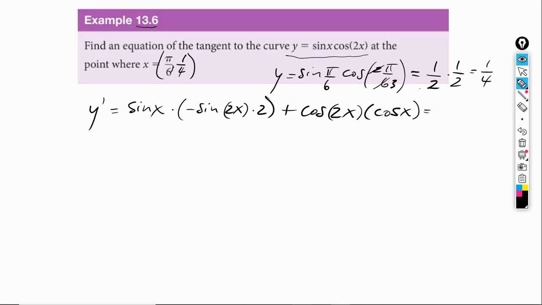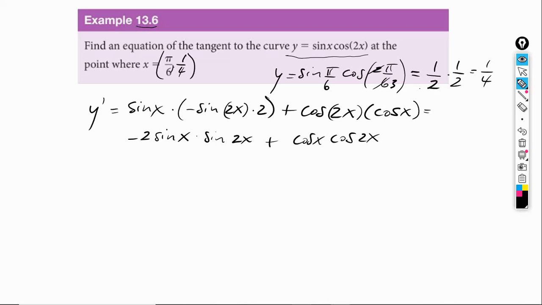Okay, let's simplify this and rewrite it as minus 2 sine of x times sine of 2x plus cosine of x times cosine of 2x.